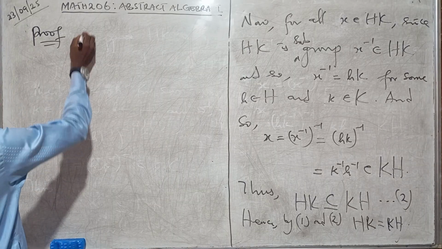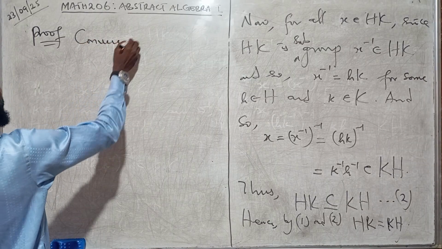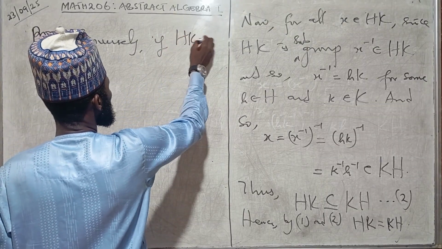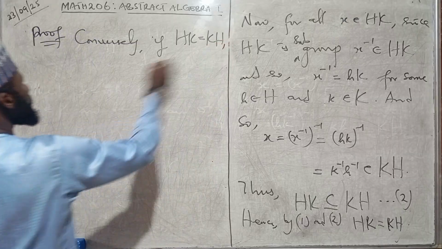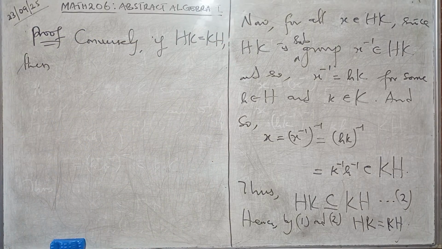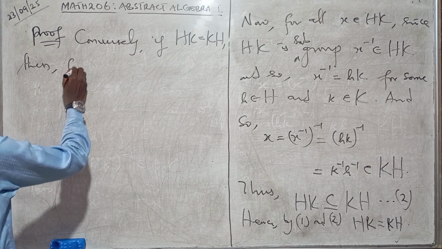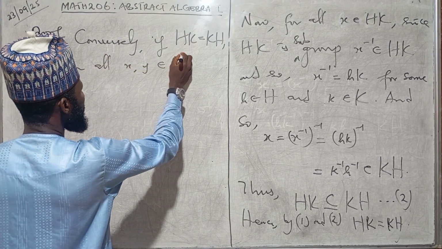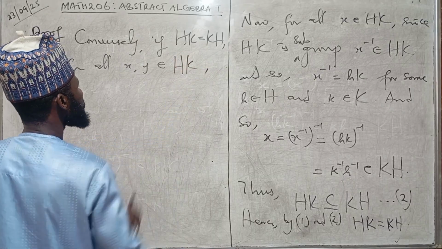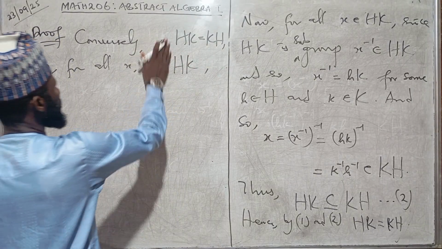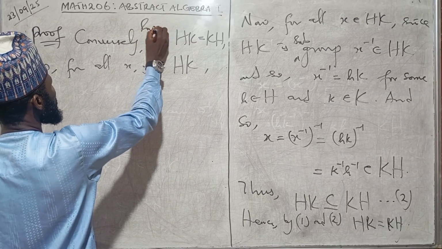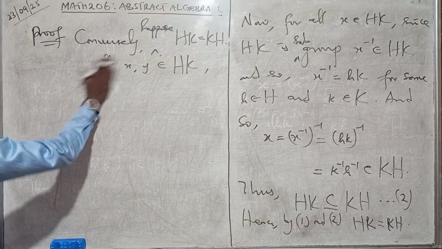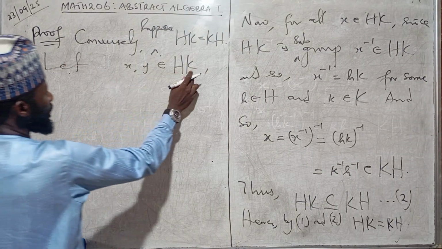Conversely, suppose HK is equal to KH, and let X, Y be in HK.